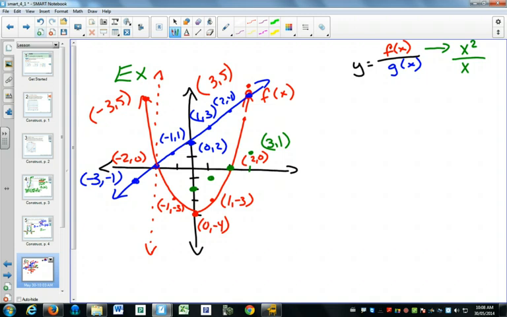And at -1, I would have -3 divided by 1, -3. And here I have an asymptote, so I'm going to leave that out. But when I go on the other side of the asymptote, I've got 5 divided by negative 5, which is there. Can you see that my dots are sort of lining up in a straight line?